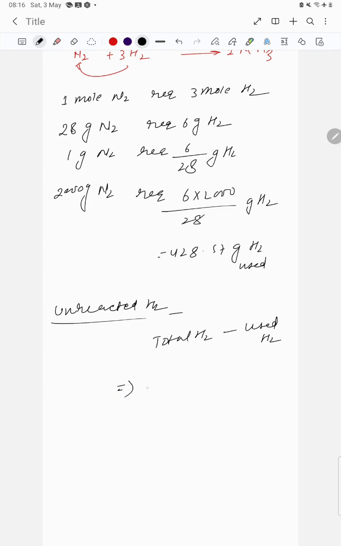Total H2 is 1000, student. Used H2 is 428.57. So 1000 minus 428.57, the remaining is 571.42 gram H2 remains unreacted, student.